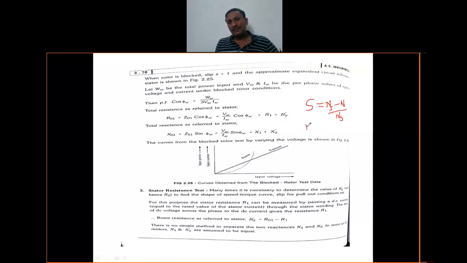If n is equal to 0, you substitute speed n equal to 0 in the slip formula. Ns minus n by ns is the actual formula, so put n equal to 0 and we get S is equal to ns by ns, that is, slip S is equal to 1.